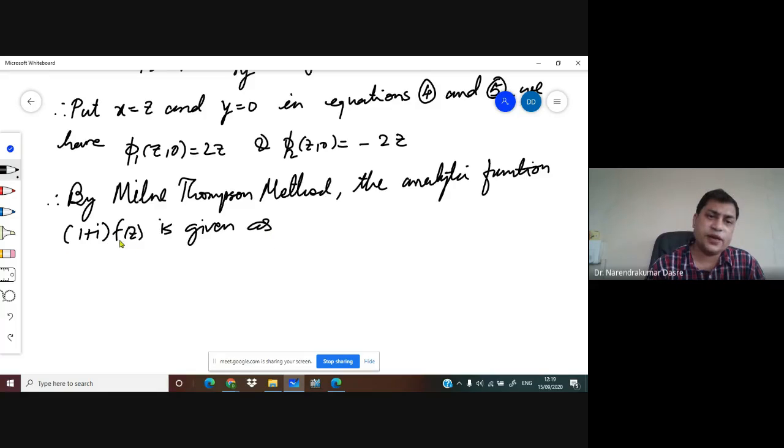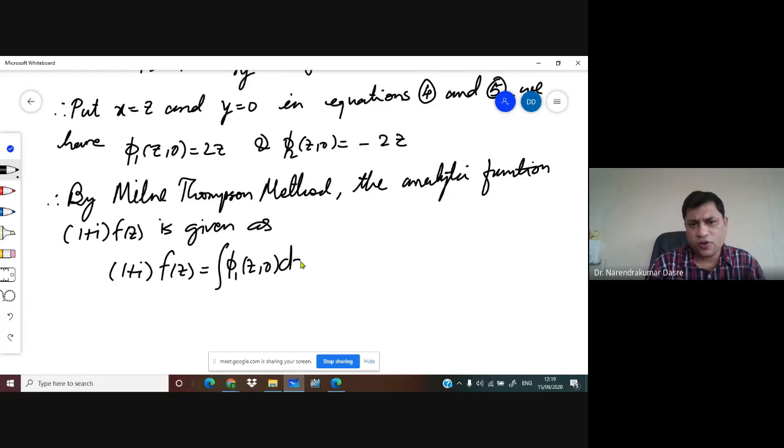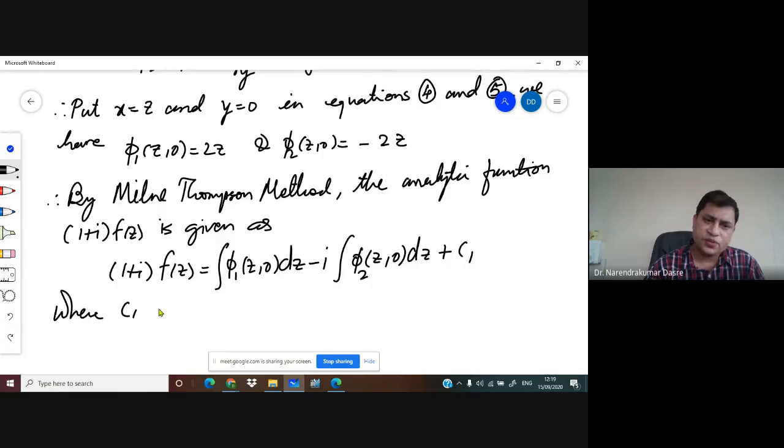Please be careful while writing the analytic function, because according to this you have to write the formula. So we have 1 plus i into f of z is equal to integral phi 1 of z, 0 dz minus i integral phi 2 of z, 0 dz plus c1, where c1 is the constant of integration.